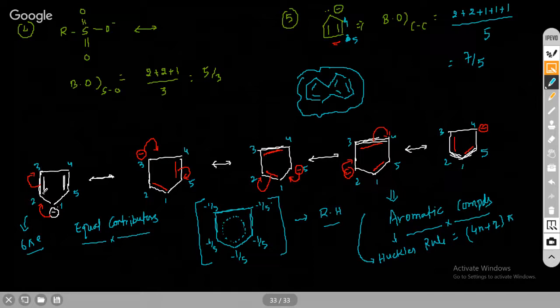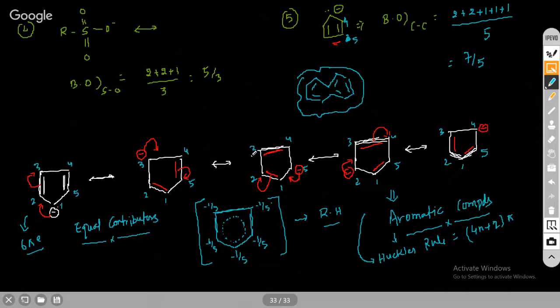For all other carbon atoms the bond order will be the same, and that's why we use this formula only for equal contributors. Now the point is, it is very difficult in the exam to draw all these resonating structures. Not much difficult, but it is time taking.